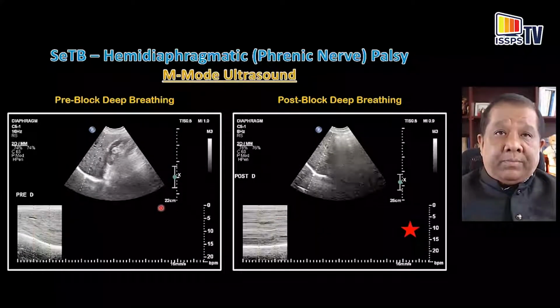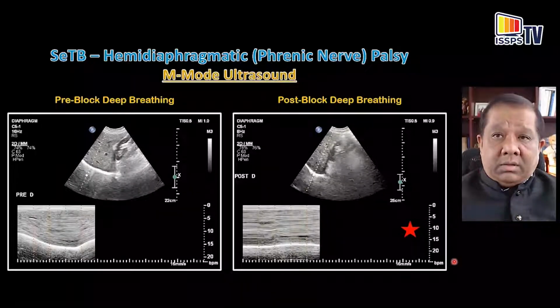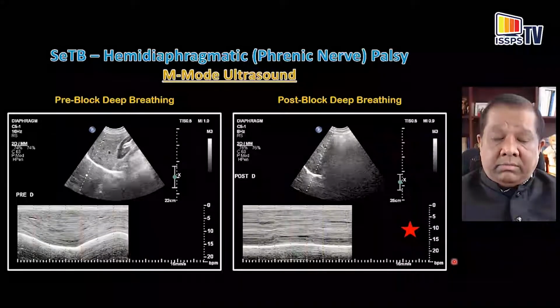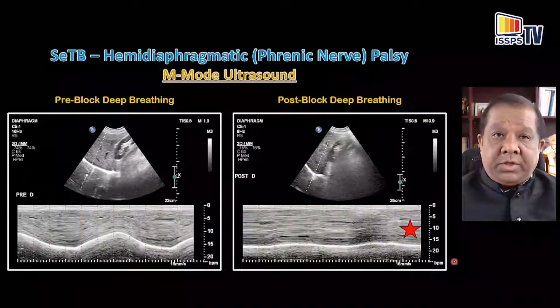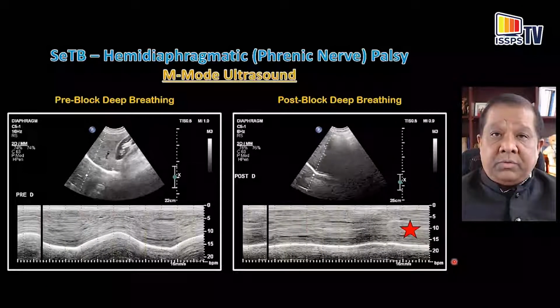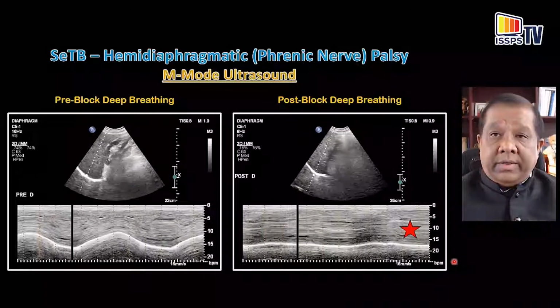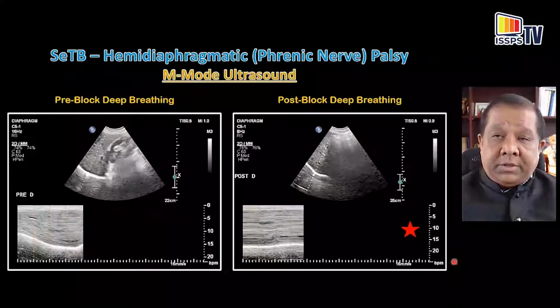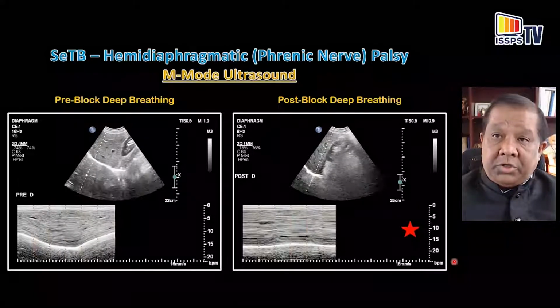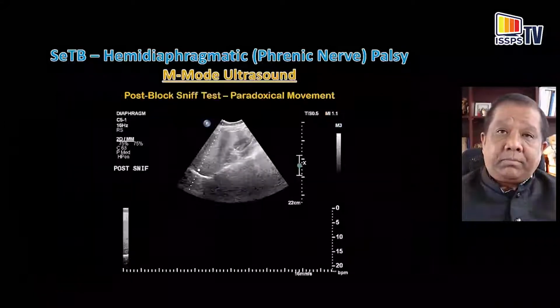And this is diaphragmatic excursion on deep breathing after the block. As you can see here, compared to the left, which is before the block, there is a rapid decrease in diaphragmatic excursion at 30 minutes.